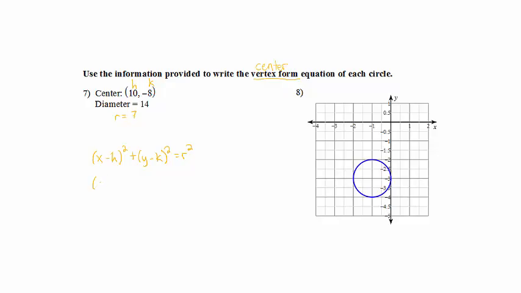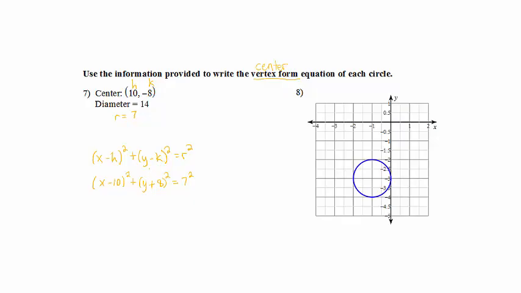So we're going to fill this in: x minus 10 squared plus y plus 8 squared equals 7 squared. Now, this is what's happening here again, where the inside of our parentheses changes sign. That's because this is x minus h, this is a positive 10, that makes it x minus 10. On the second part, it changes the sign.